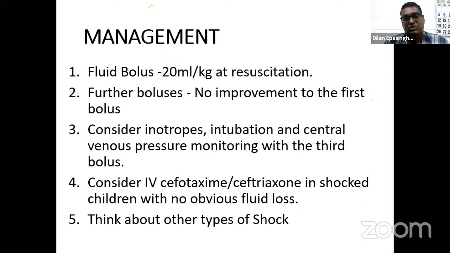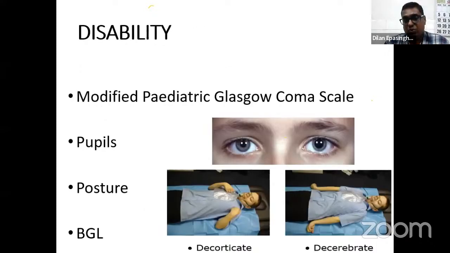Consider then inotropes, especially noradrenaline, vasopressin, intubation, central venous pressure monitoring with third bolus. Consider IV antibiotics like cefotaxime, ceftriaxone in case of suspected septic shock. Think about other causes. So it's very important to do it as soon as possible. You don't have much time to manage the patient.